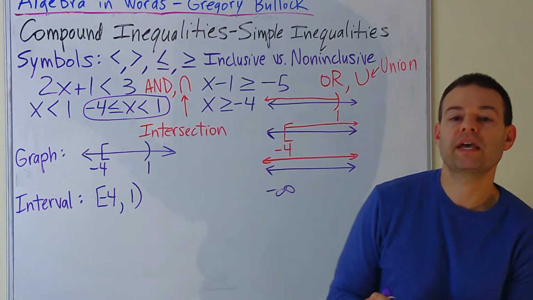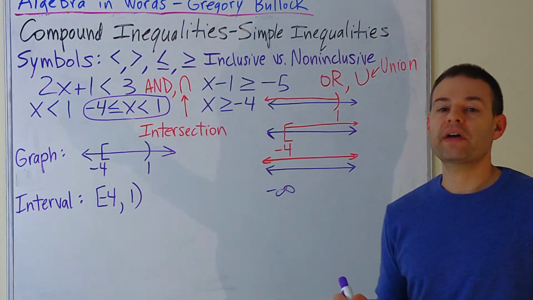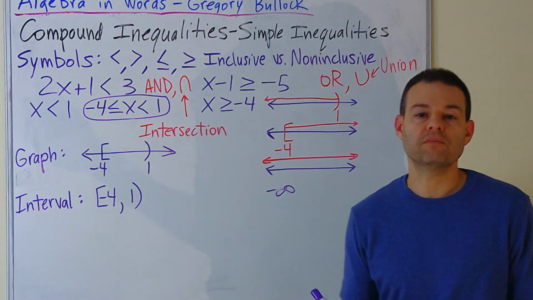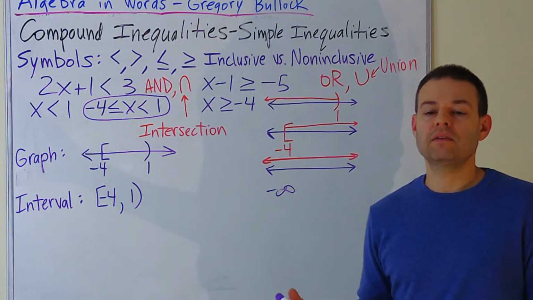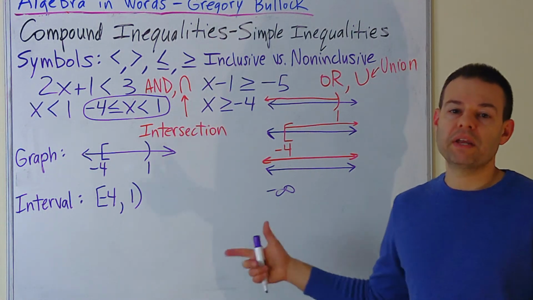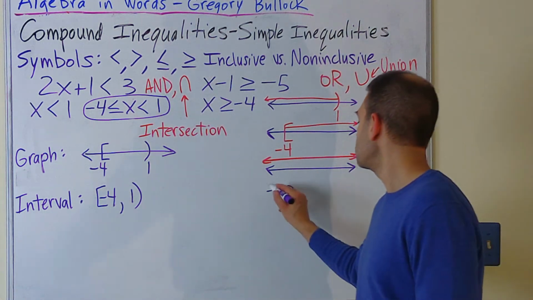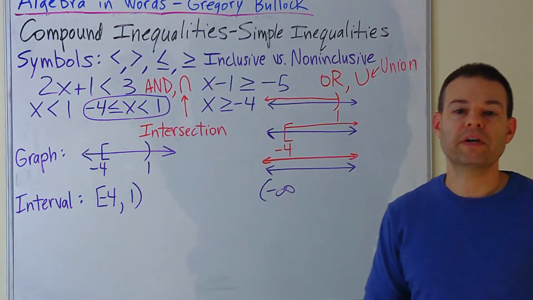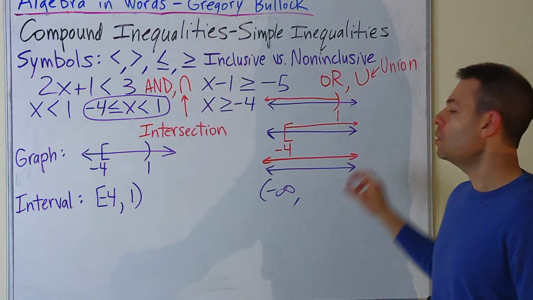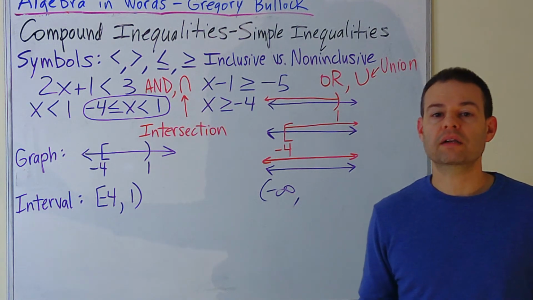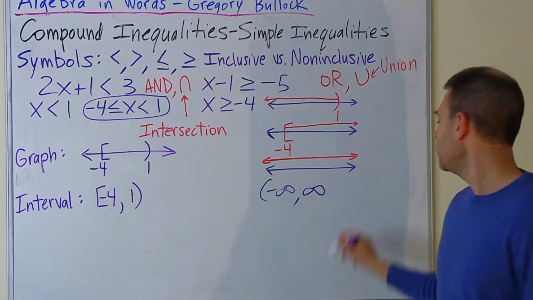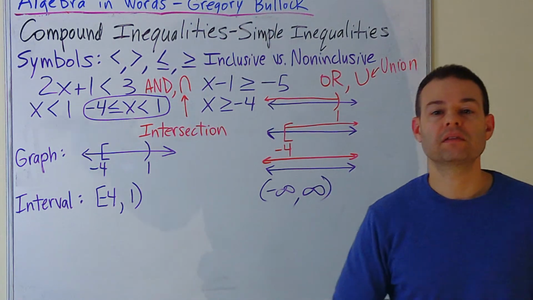And whenever we have negative infinity, we always give that a parenthesis because we call that non-inclusive because we're saying that the values of x approach negative infinity in this case, but never touch negative infinity. So long story short, we're going to put a parenthesis by that, comma, and then looking at this, what's the highest possible value of x? It's infinity. So we're going to put positive infinity on the right, and again, a closed parenthesis.